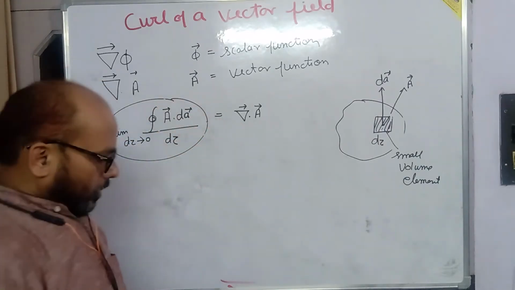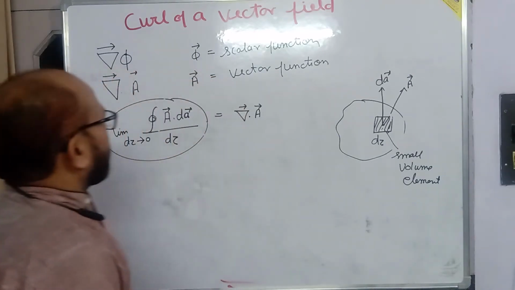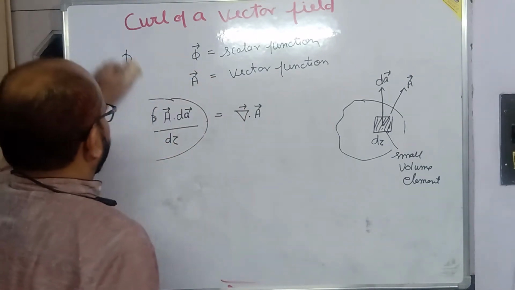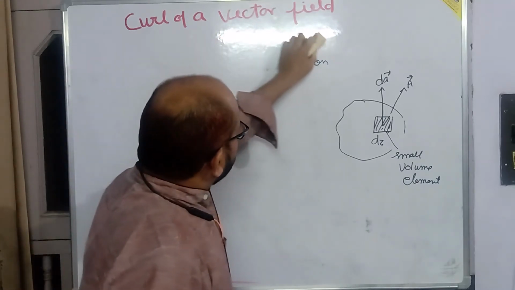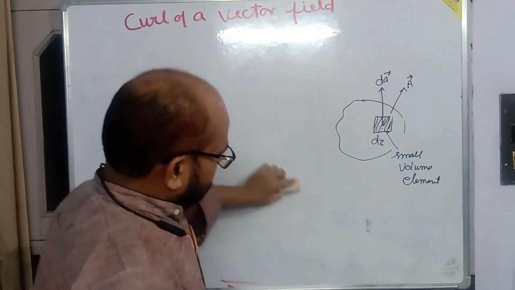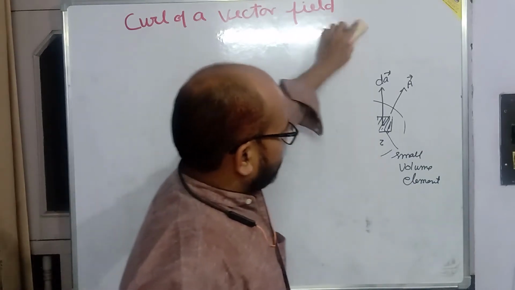Now let us start the curl of a vector field. The curl of a vector field is simply constructed just like a cross product.